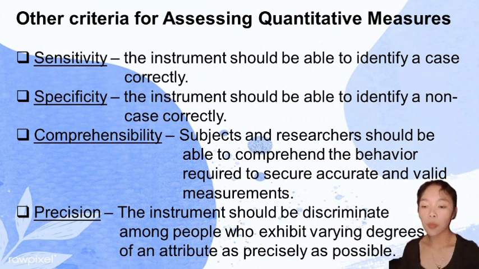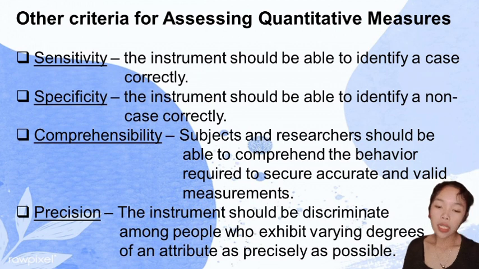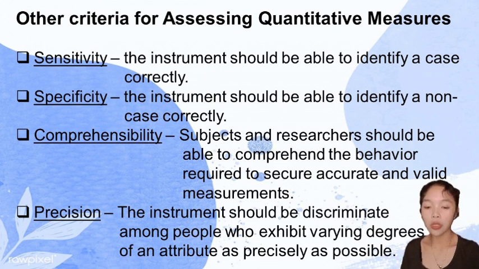Next is comprehensibility. Subjects and researchers should be able to comprehend the behavior required to secure accurate and valid measurements. And precision, the instrument should discriminate among people who exhibit varying degrees of an attribute as precisely as possible.